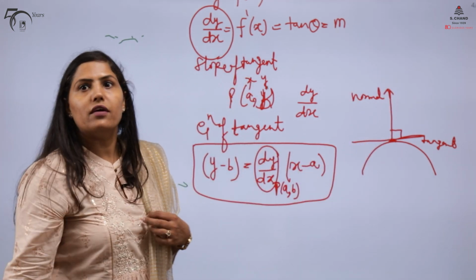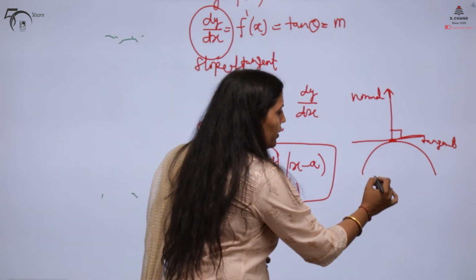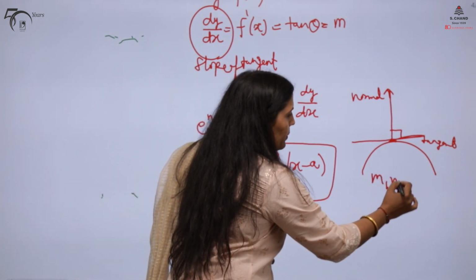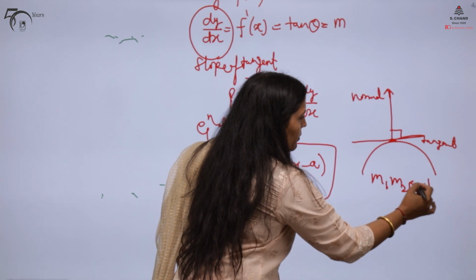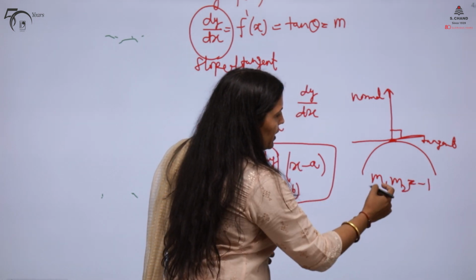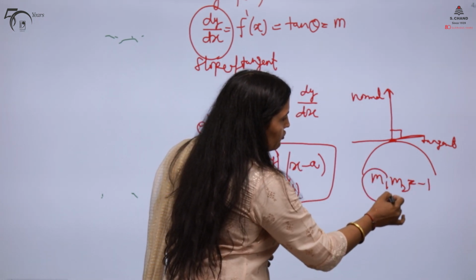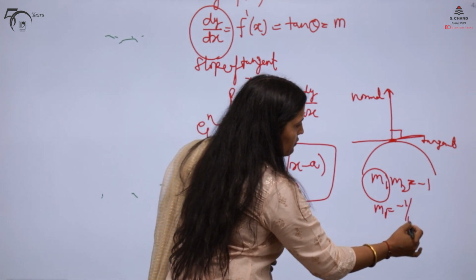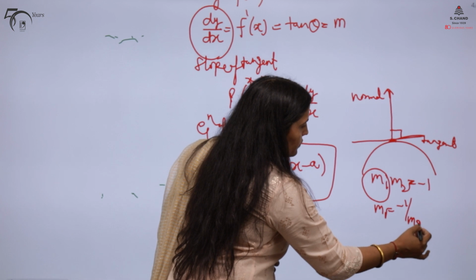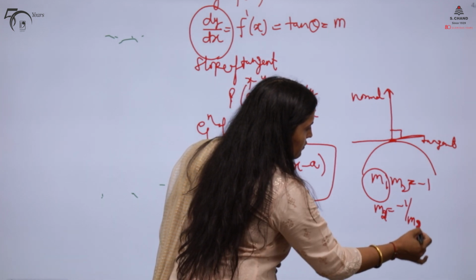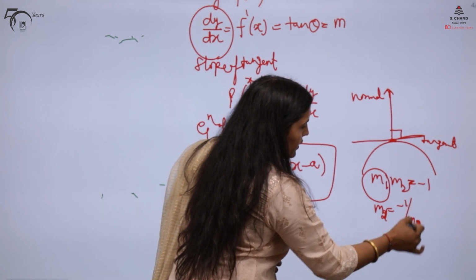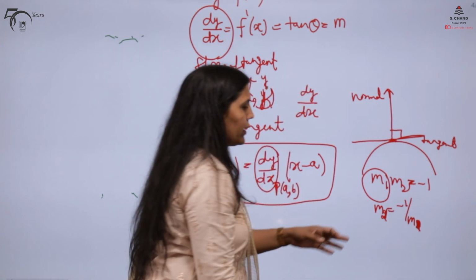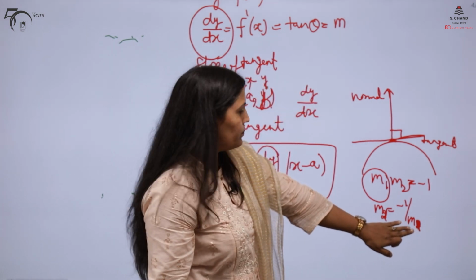And you know, two lines are perpendicular if and only if the product of their slopes is -1. So if you know the slope of the tangent, the slope of the normal is just the reverse: take the negative and put it in the denominator, and you will get the normal slope.